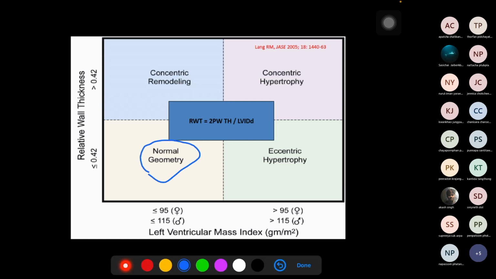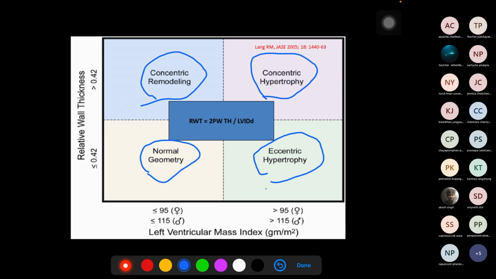Is it normal, or the concentric remodeling, or concentric hypertrophy, or eccentric hypertrophy? If the patient has increased mass, it's called hypertrophy. So the hypertrophy in this patient is concentric or eccentric. You look at the RWT. If the RWT is over this number, it's called the concentric. If less than this number, it's called the eccentric. Okay?